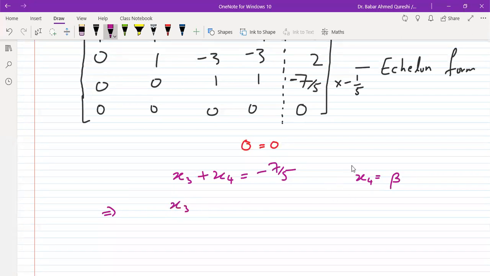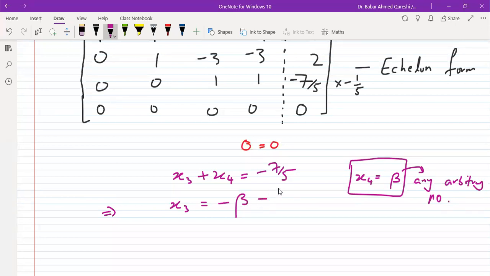So my solution is x4 is equal to beta, any arbitrary number. And x3 is minus beta minus 7 by 5.